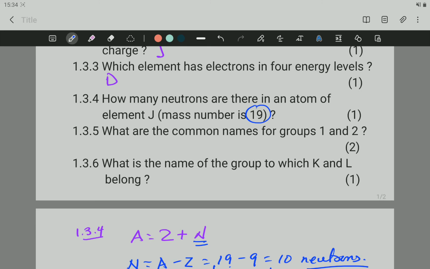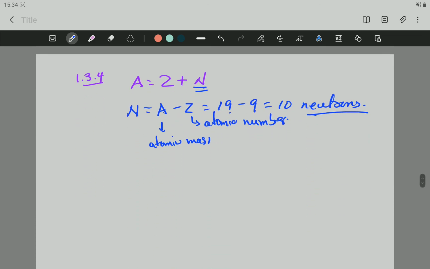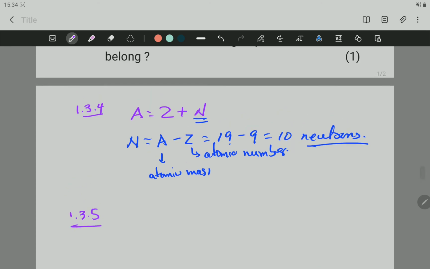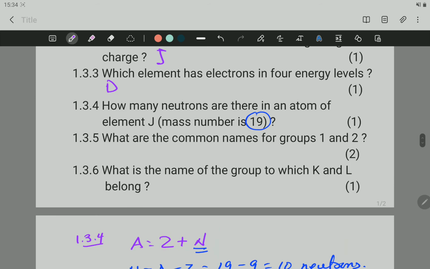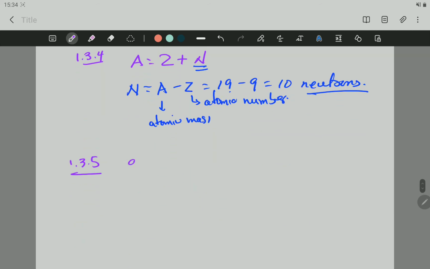Question 1.3.5. What are the common names for group 1 and 2? Groups 1 and 2 have common names, which you have to learn.